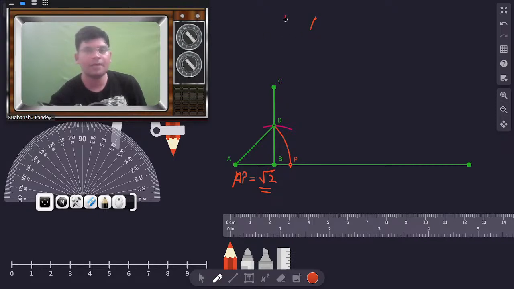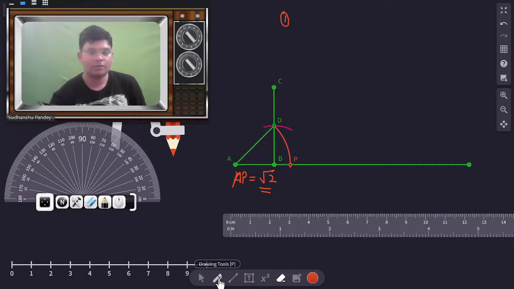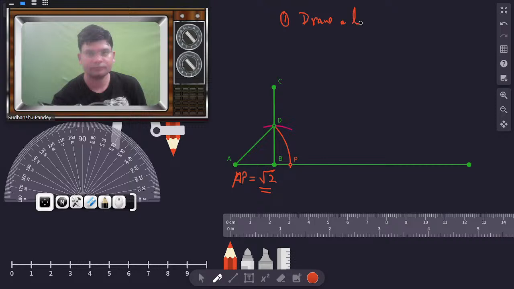The first step is, what was the first step? Tell me. Draw a line. Of 1 centimeter. No, that is a line segment, beta. Draw a line, suppose M, and mark AB is equal to 1 centimeter.